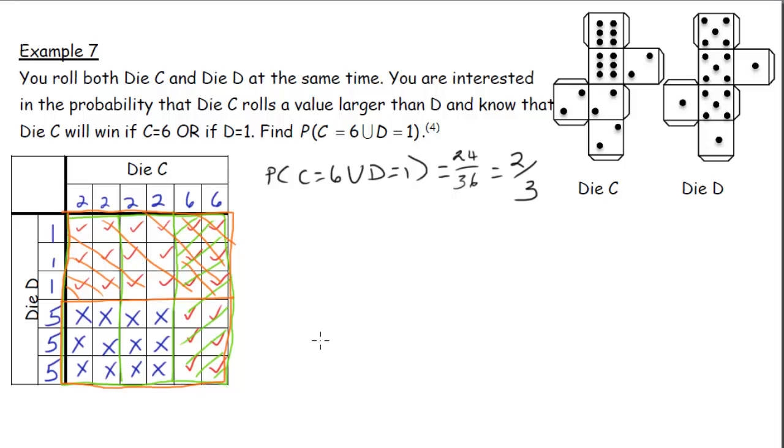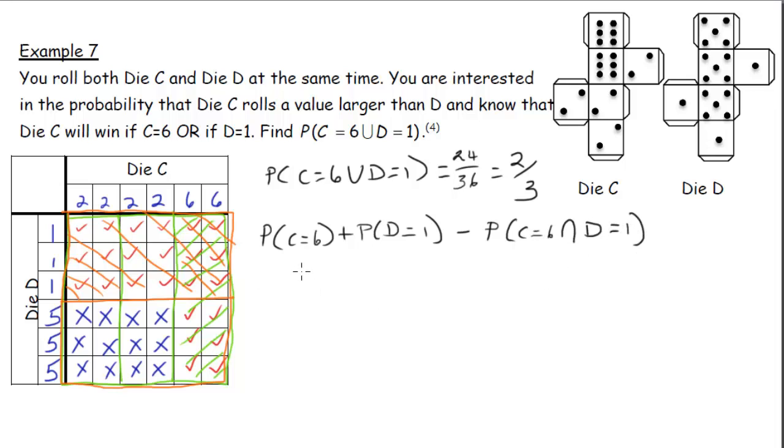If you wanted to use our formula, well, this would be the probability that C is a 6 plus the probability that D is a 1, but I need to subtract off that overlap, which is when C is a 6 and D is a 1.